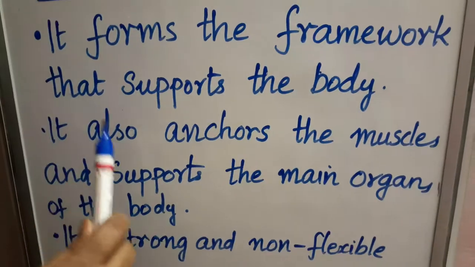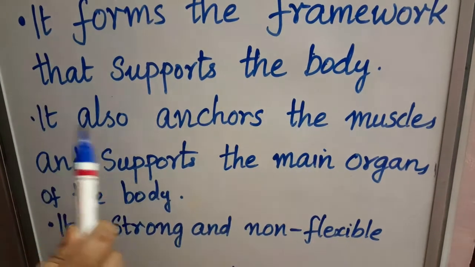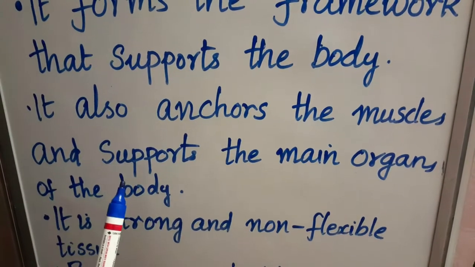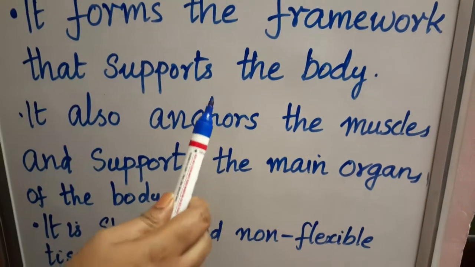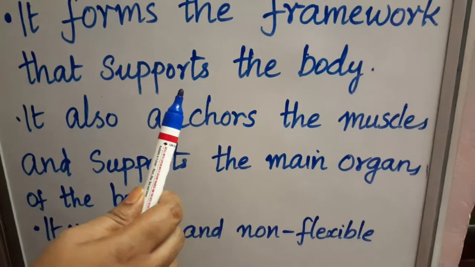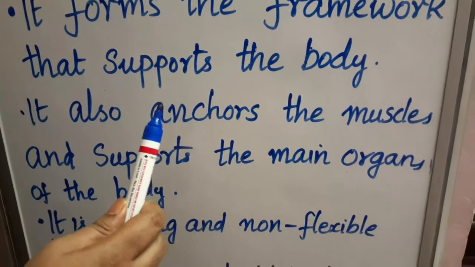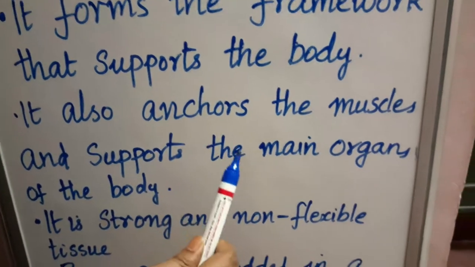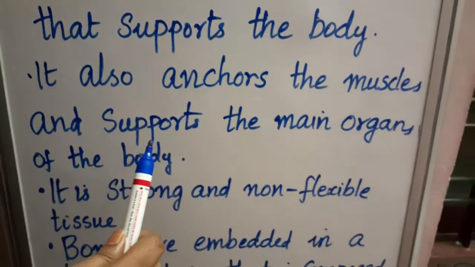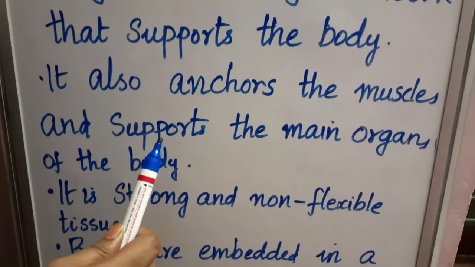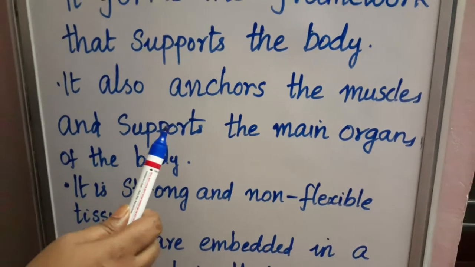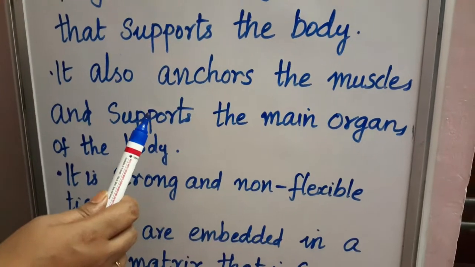Next point, it also anchors the muscles and supports the main organs of the body. This means the muscles attach to other parts of the body with the help of the bone, and it also supports the main organs of the body. Listen, the heart, lungs and stomach are protected by the skeleton, right?